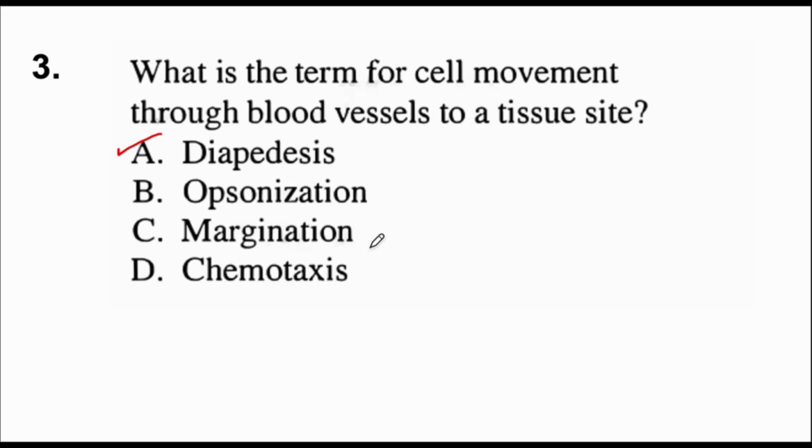So it is the step before diapedesis. Chemotaxis is the directed movement of the cell through tissue toward the source of chemical signals like cytokines from an infection. This occurs after the cell has already left the blood vessel via diapedesis.